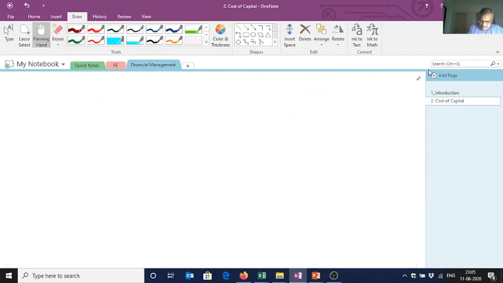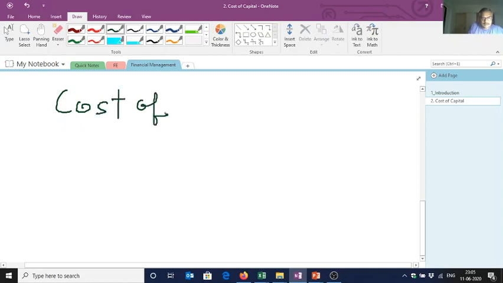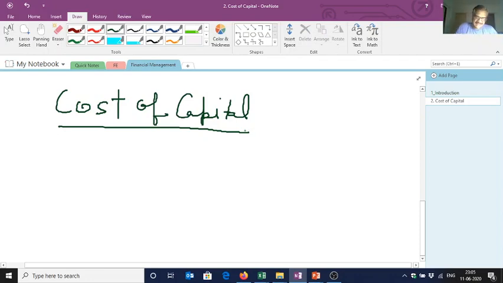Let me talk about cost of capital again. When I say cost of capital, I can define it as the minimum acceptable rate of return expected by the fund providers.